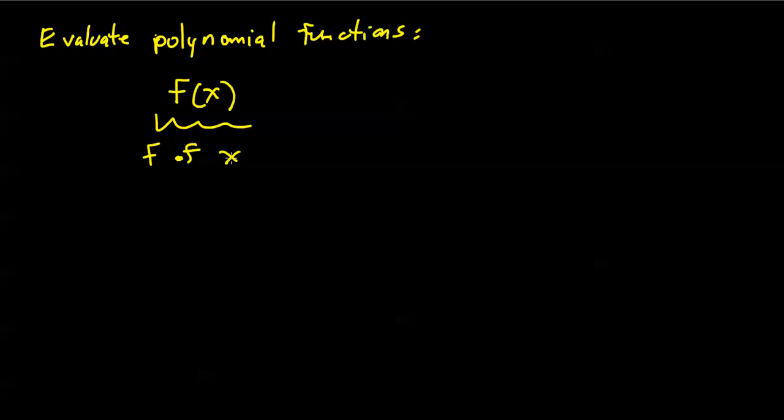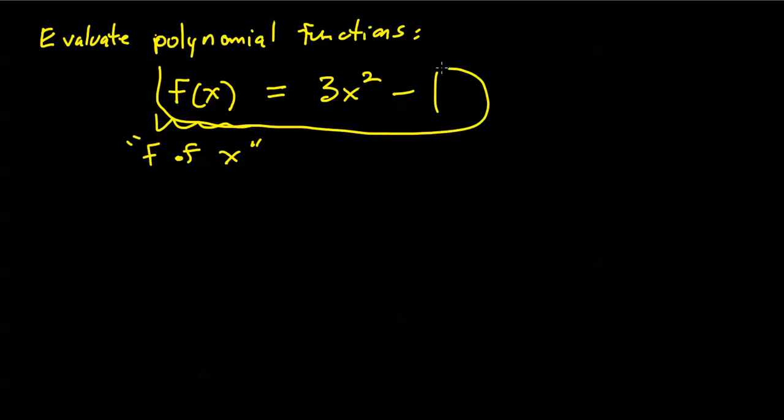You may recall function notation from earlier math courses. F of x, it's not a product. F of x equals 3x squared minus 1. I claim this expression is a polynomial function because we define this polynomial in function notation.